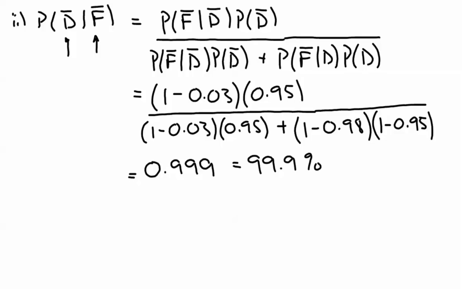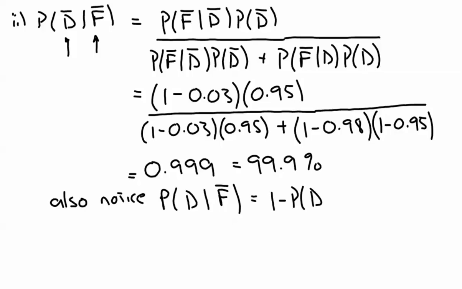So if I happen to test a part, it doesn't fail, it's 99.9% likely that if I sell this part to a customer, it was a good part. Conversely, the probability that it has a defect, if it doesn't fail, is 1 minus the probability that it's a good part, and that is 0.001.